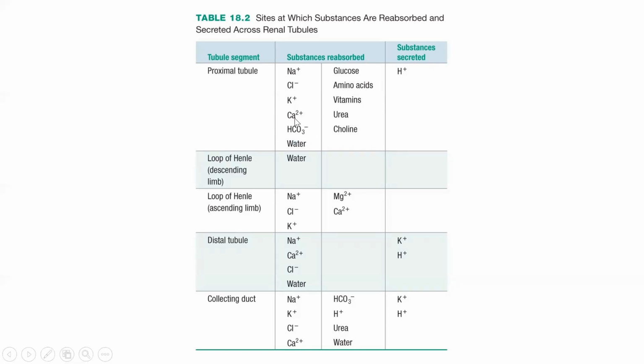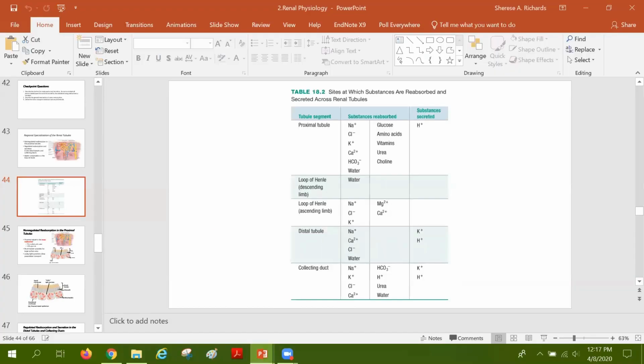So the ability of the proximal tubule to reabsorb bicarbonate is another way that the kidneys can regulate our acid-base balance. So basically the kidneys can lose excess acid by secreting it into the urine, or it can reabsorb base, right? Bicarbonate is an alkaline substance, or a basic substance. And if we reabsorb that, we can also help to regulate our acid-base balance.